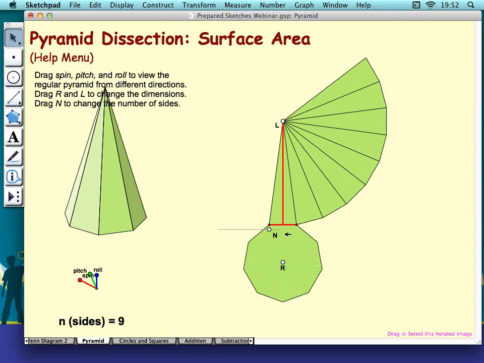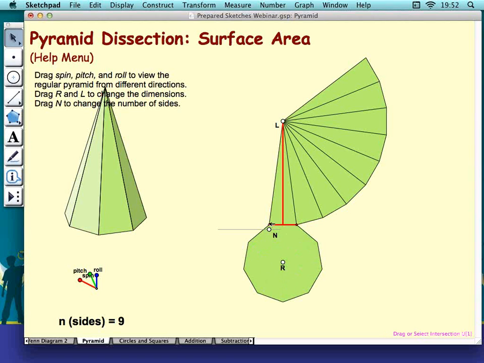But the actual activity leads them through the process of saying, okay, the base is made up of triangles. If we find the apothem and the base of this particular triangle and then multiply it by the number of sides, we can find the area of the base.